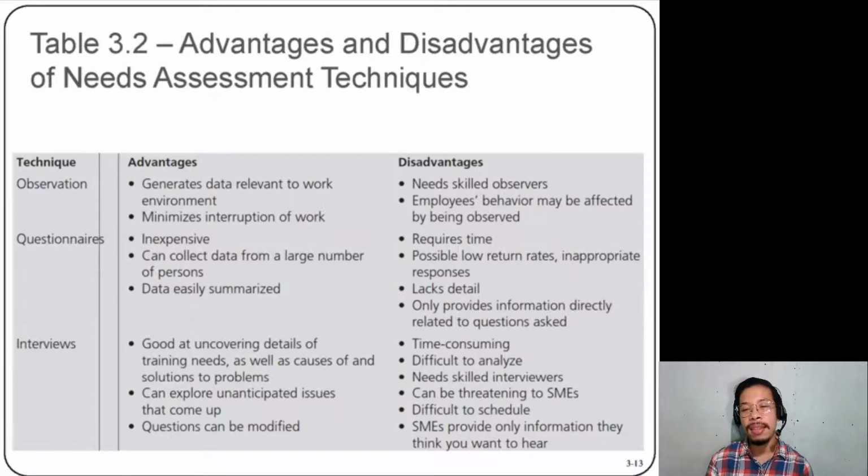And this is inexpensive because you'll be using pen and paper, or right now, since most of us are using a paperless philosophy, you could just send online surveys, send the links, and let the people answer the questionnaire, and voila, the results are there, right? And data can be very summarized. You can use Excel, or you can use statistical software in generating data and analysis from the data gathered.